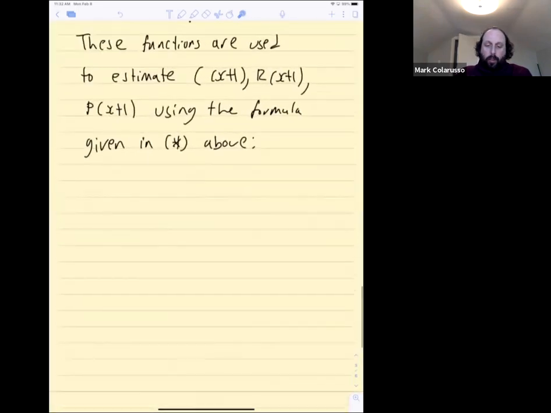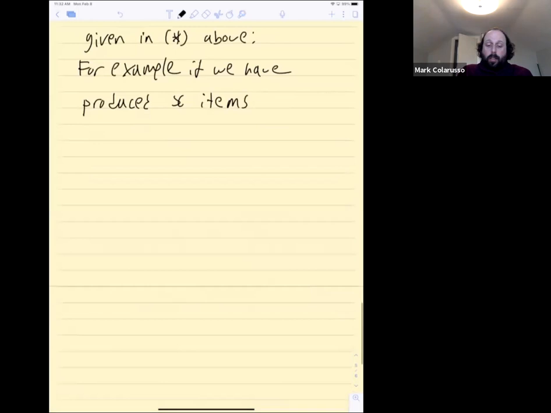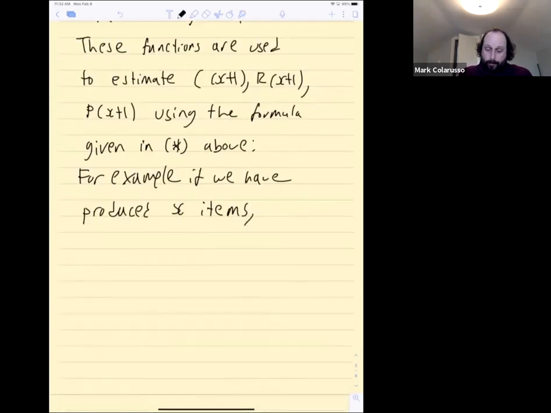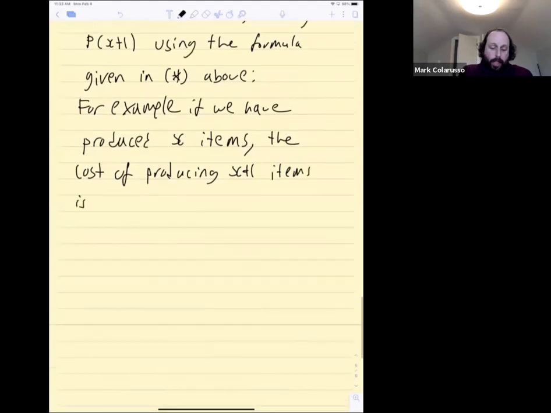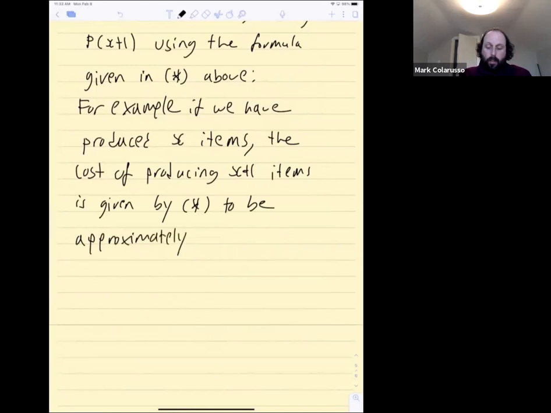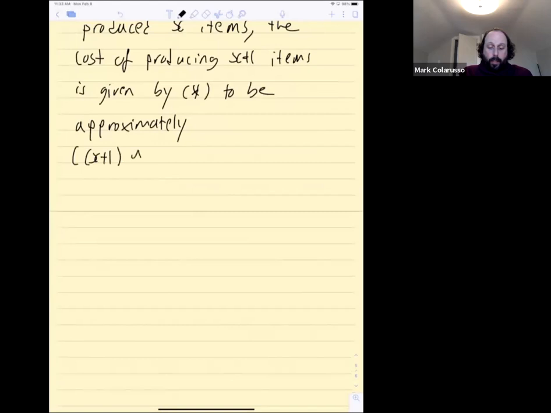So for example, if we have produced X items, the cost of producing X plus 1 items is given by star to be approximately C of X plus 1 is approximately equal to the marginal cost plus the cost of producing X items.